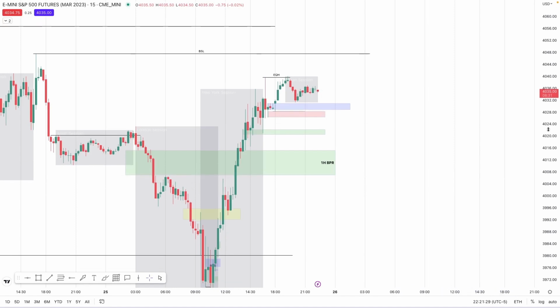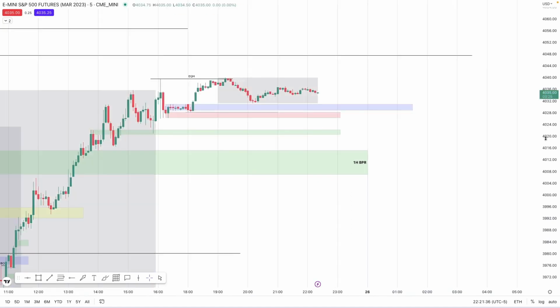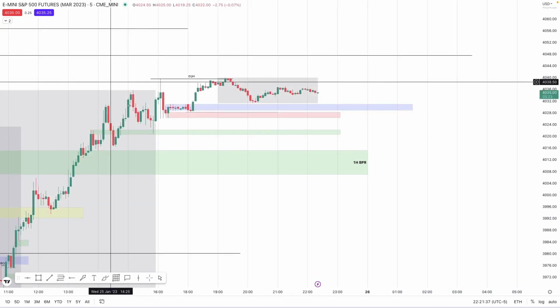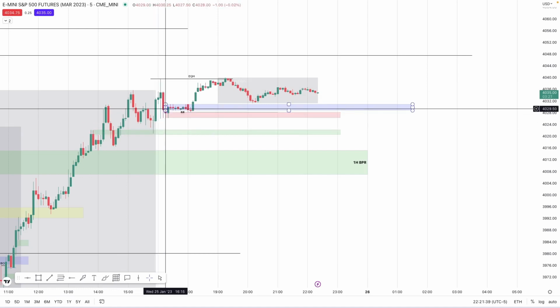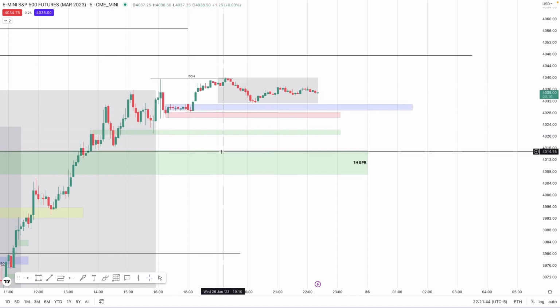Alright, let's go down to a smaller time frame. Okay, so looking on the 5-minute chart here, here's our order block from the 15-minute chart.